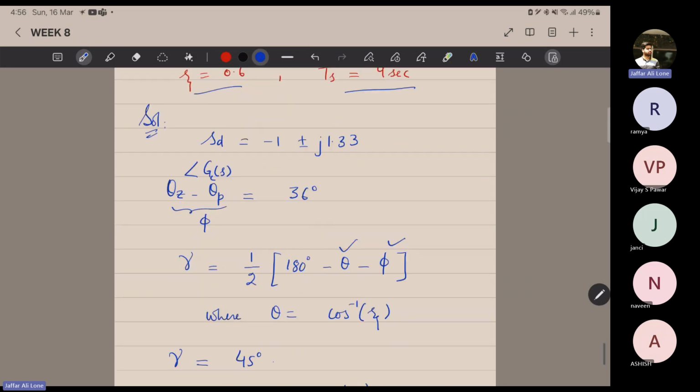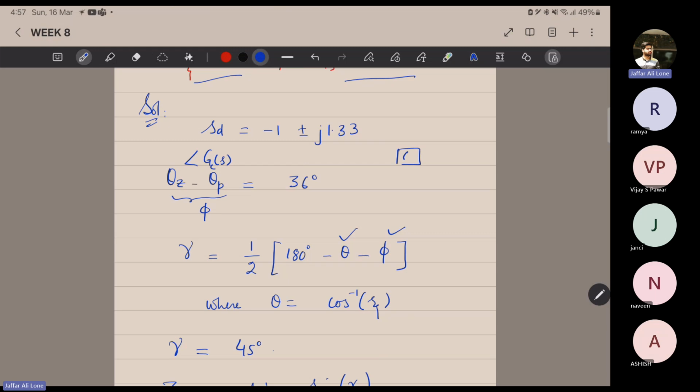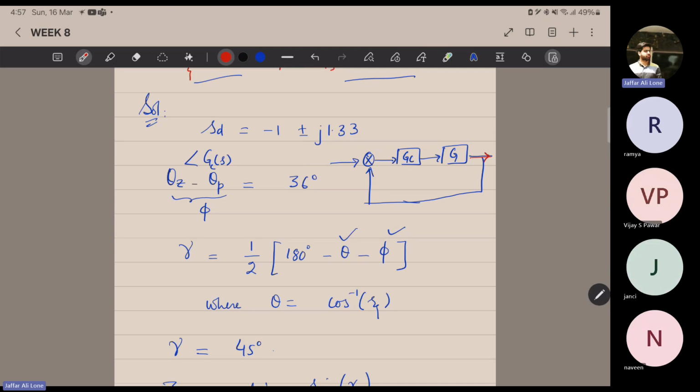More specifically, if you have GC and you have G, this is the system you'll have when you connect GC with G. The whole contribution of angle of GC into G should be 180 degrees.